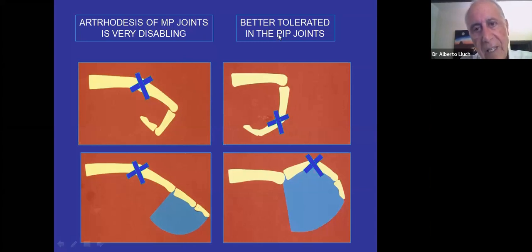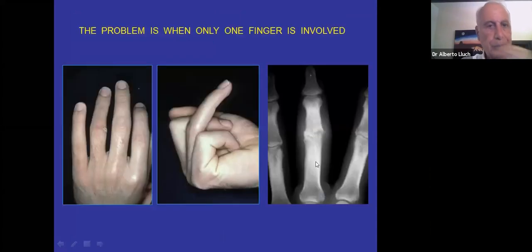On the other side, if we fuse a PIP joint, if the MP joint is normal, the useful arc for finger flexion will be much bigger. You can hold a glass and many other objects with good MP joints but a fused PIP joint.